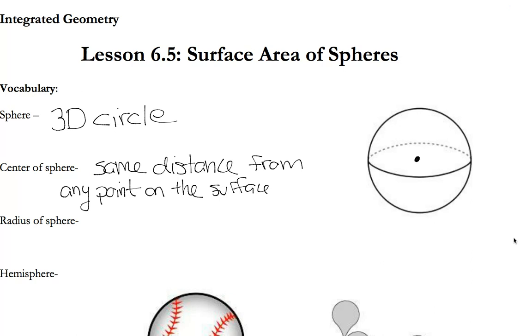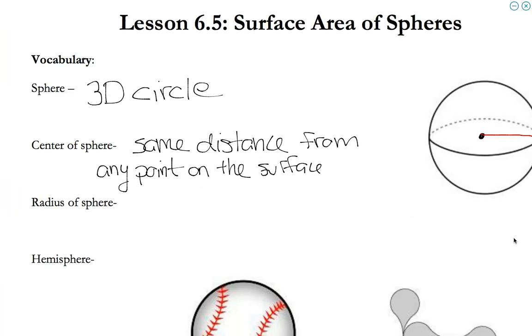The radius is the distance from the center to the surface.